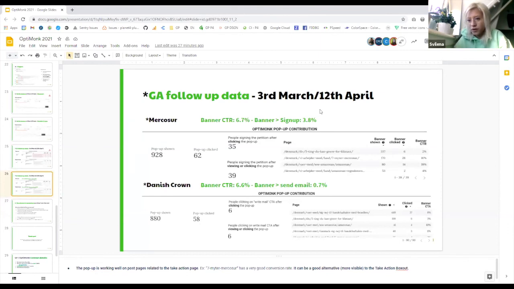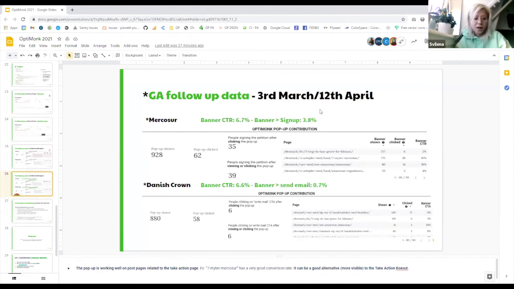We have a very big audience that is reading posts and articles, and the pop-up was performing very well. You could even say that it was better than the take action box out, because it's more in your face, and people tend to click it and then follow up on the action. So this is a good alternative that could be considered for the take action box out that we have already in place.